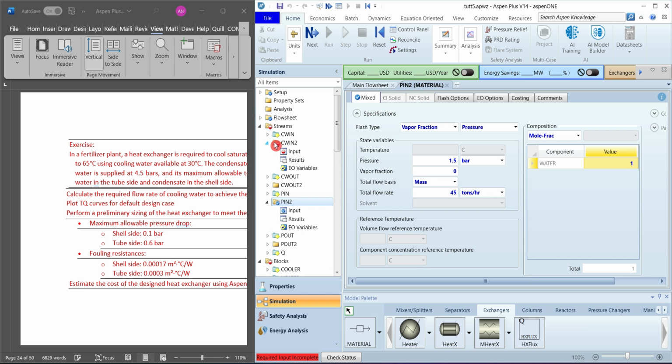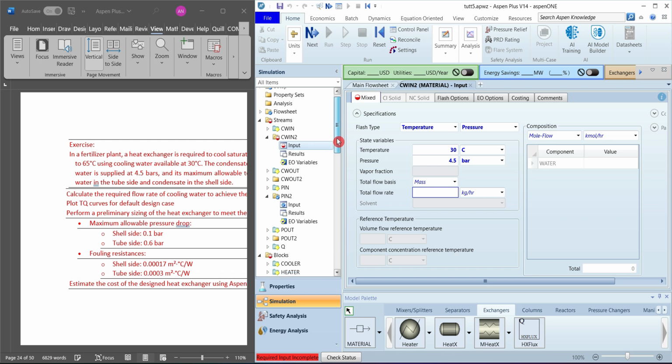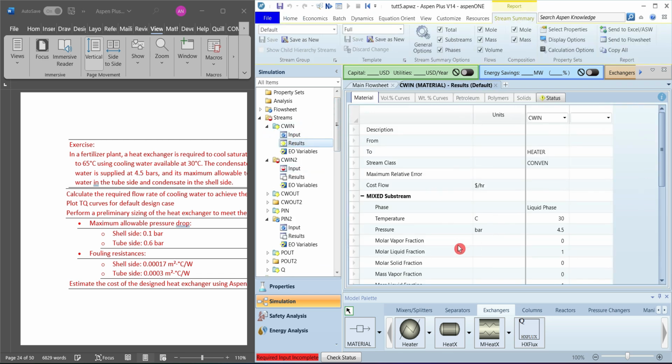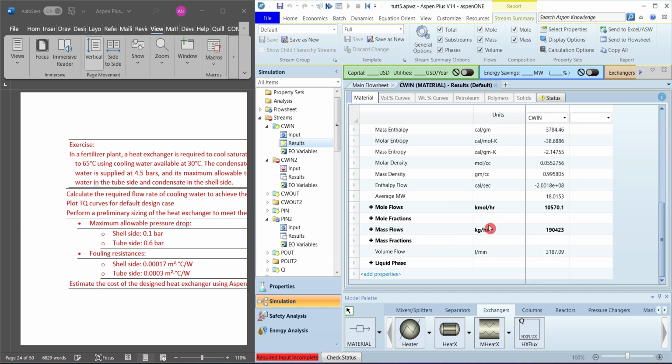Then go to the cooling water inlet specifications. The inlet temperature is 30 degrees Celsius, pressure is 4.5 bar. Now we do know what the mass flow rate should be. We can get it from the previous activity. Mass flow rate is 190,423 kg per hour.